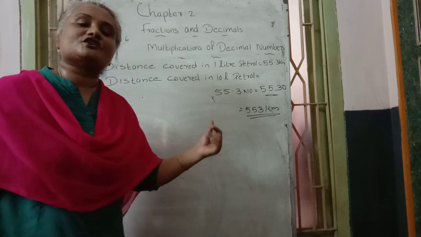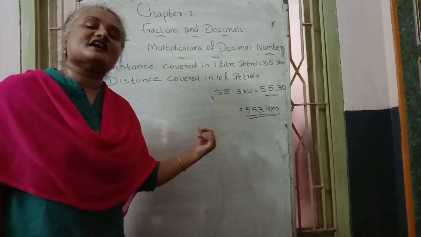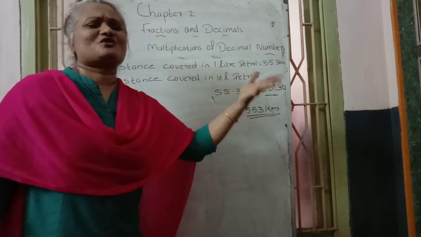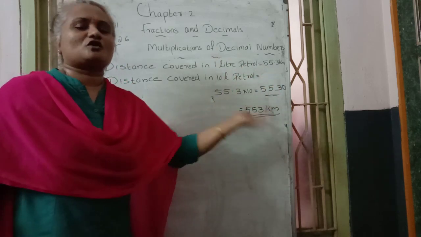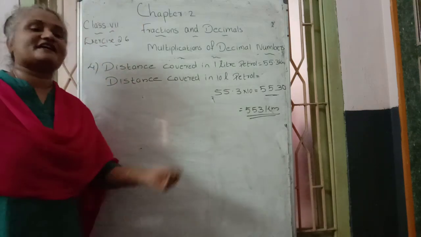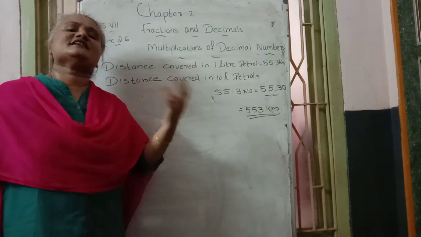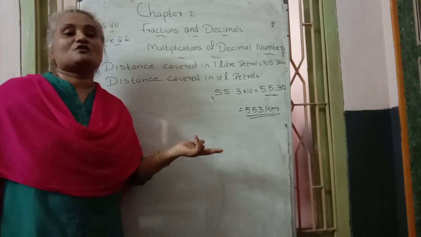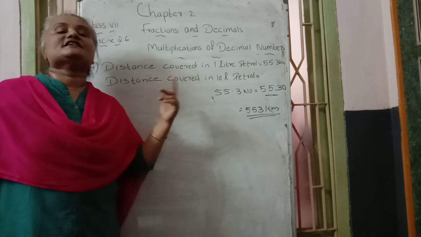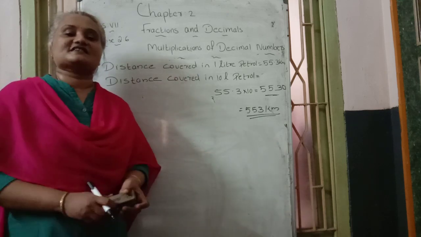Within 10 liter of petrol, that two-wheeler can cover 553 kilometer. 0.0, right, no problem. So 553 kilometer is the answer. I hope you can understand this one. Next class we can discuss division of decimals, how to divide decimal numbers.